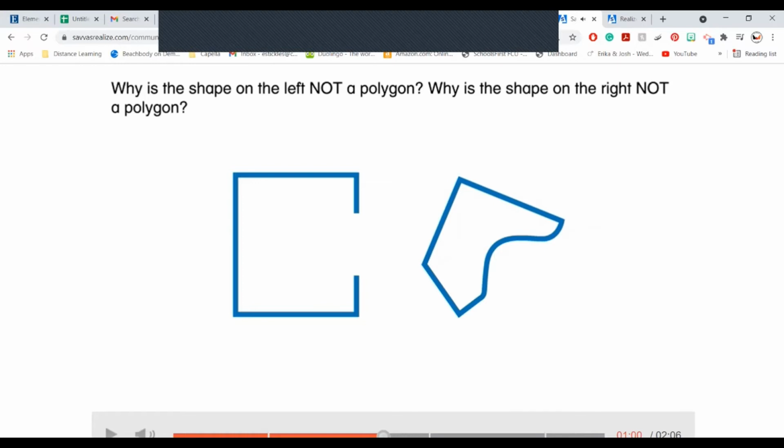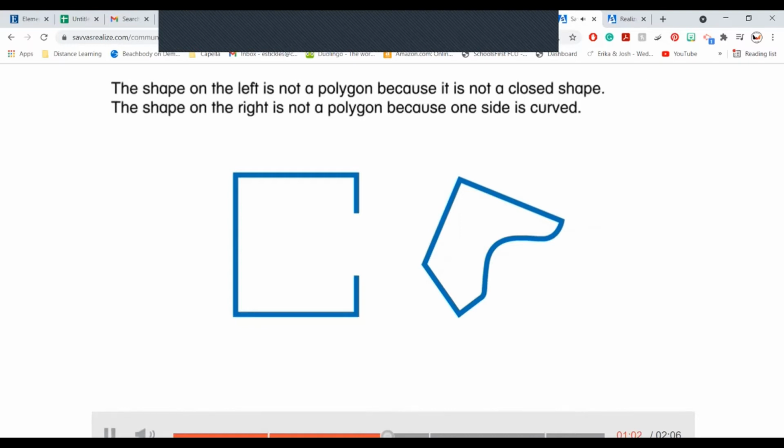The shape on the left can't be a polygon because it's not closed. It has a big opening in one of its sides. The shape on the right can't be a polygon because it has a curved side, and polygons have to have straight edges, straight sides. The shape on the left is not a polygon because it is not a closed shape. The shape on the right is not a polygon because one side is curved.